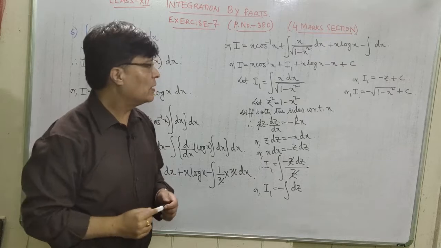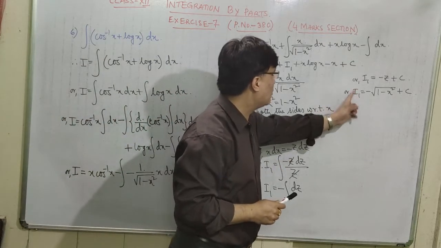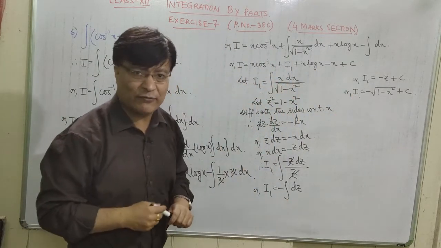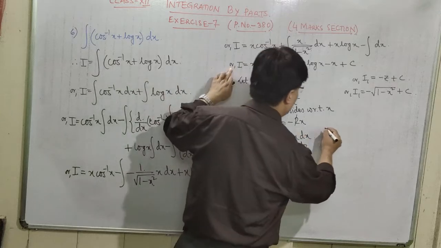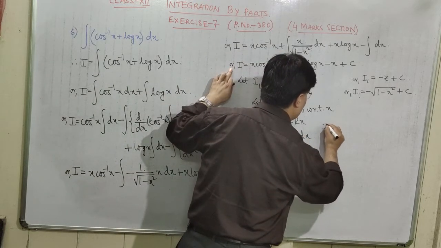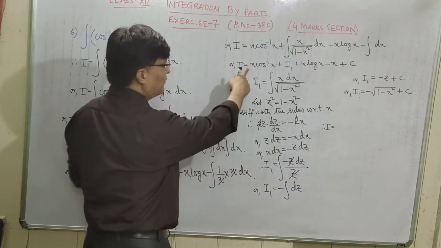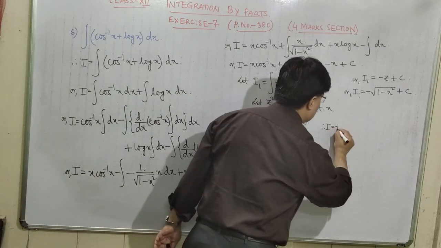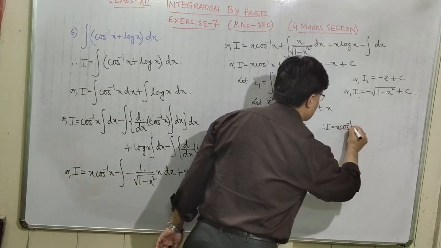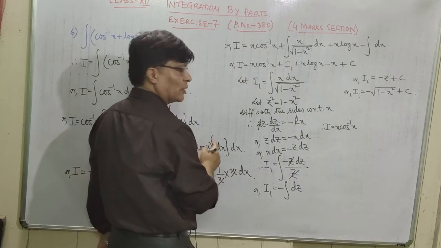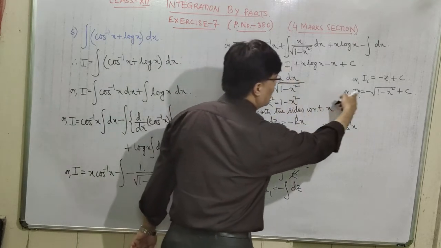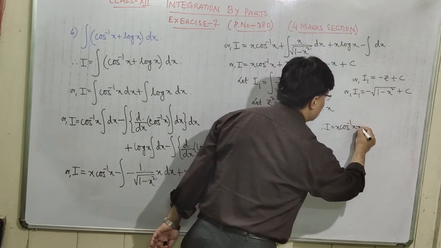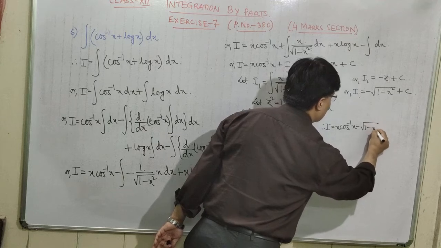Is that clear? Now you can put this value of I1 in I, because you have to get the value for I, isn't it? So let us write I here now. So I is equal to, which is the first term? x cos inverse x, okay, plus I1, which is plus and minus minus, it is root over 1 minus x square.